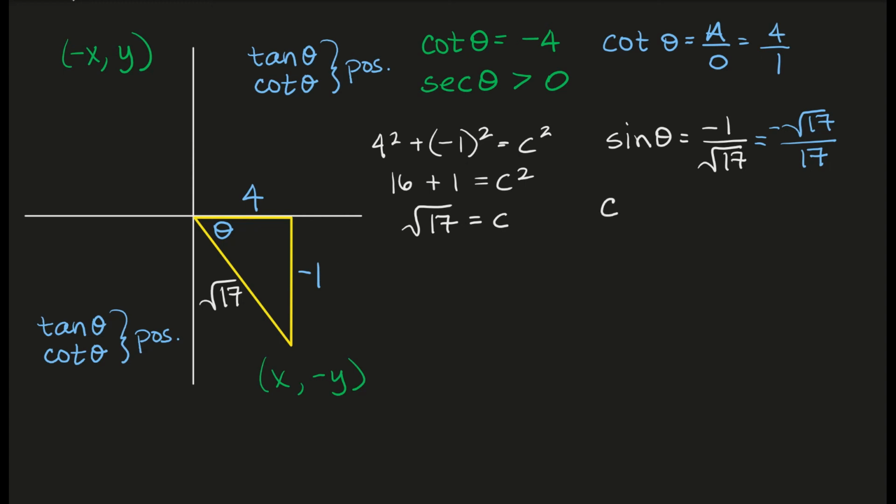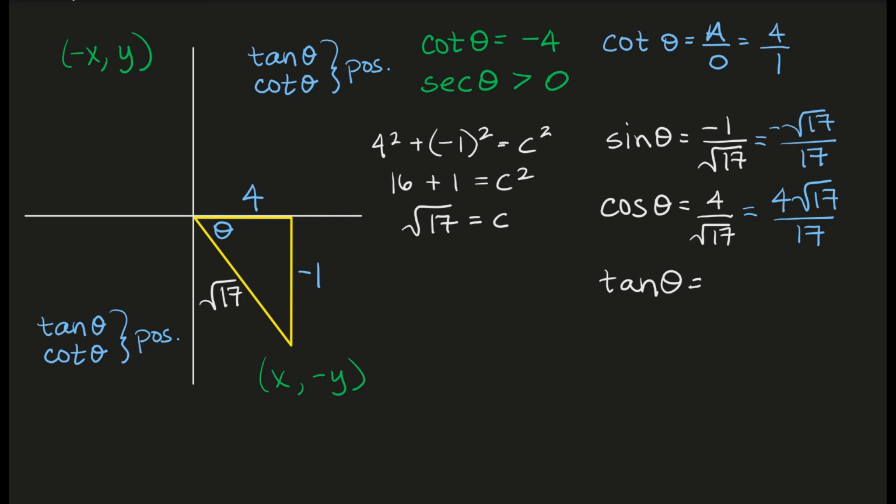So here we have cosine of theta, that's adjacent over hypotenuse. So this is 4 over the square root of 17. I'll rationalize and get 4 root 17 all over 17. I'm looking for tangent of theta.